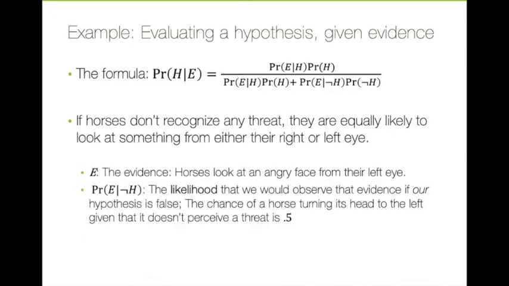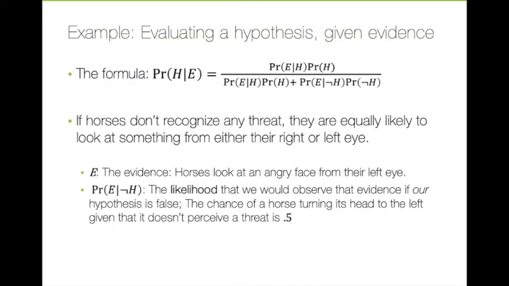So now we know E given H, but if we look at the denominator, we also need to know the probability of E given not H. We learned from the experiment that if horses don't recognize any threat, they are equally likely to look at something from either their right eye or their left eye. So if no threat is detected, there is no left gaze bias.